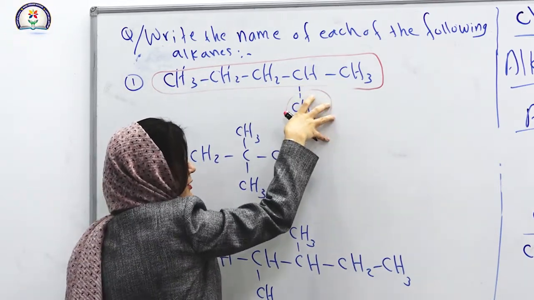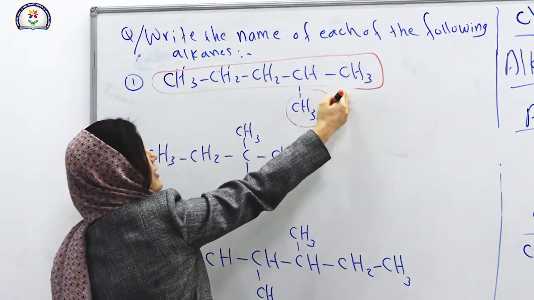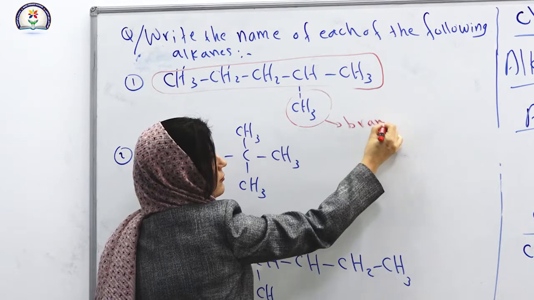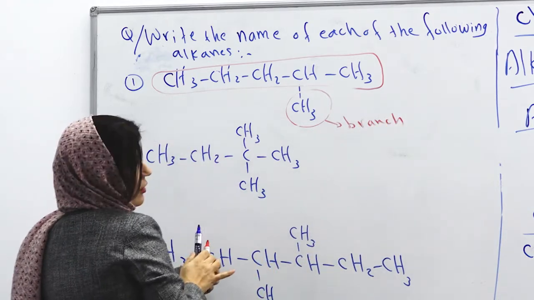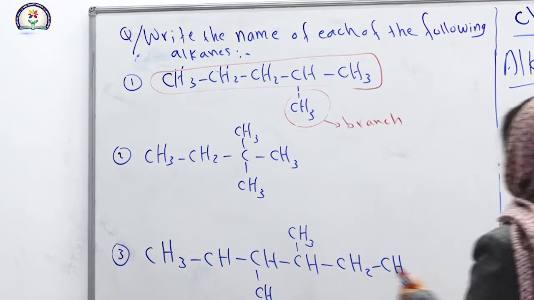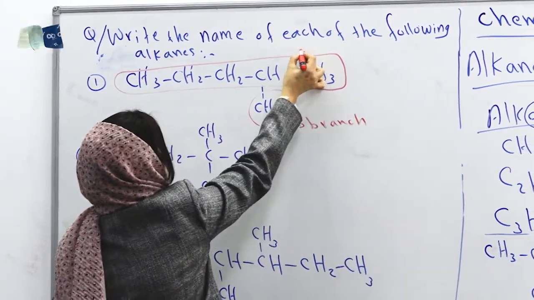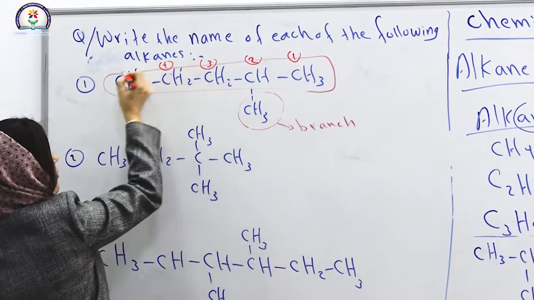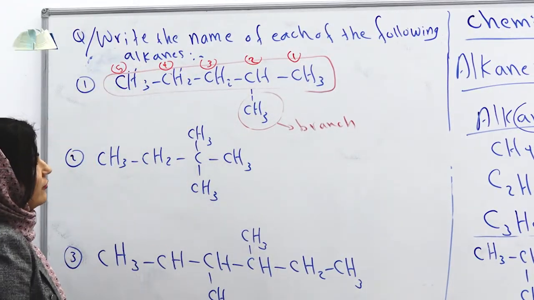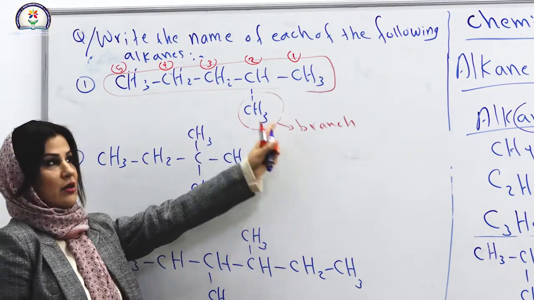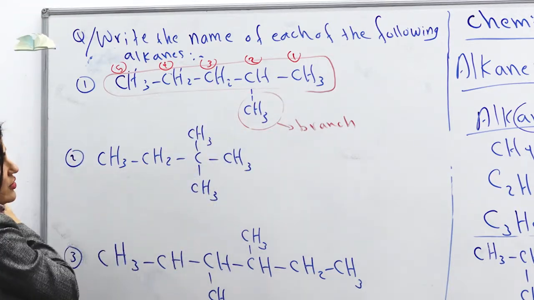The second step: number the chain from the side that is closer to the branch. 1, 2, 3, 4, 5. Then use this rule.